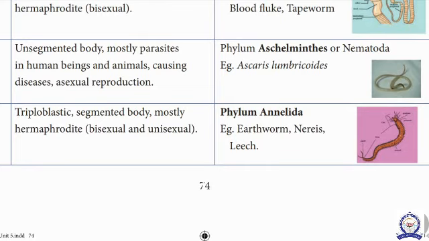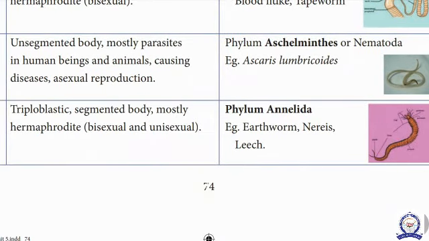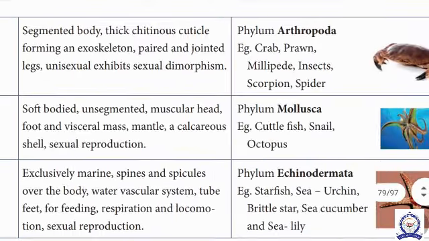Mostly they are hermaphrodite and unisexual organisms. Hermaphrodite means bisexual. Bisexual means male and female reproductive organs are present in the same body, so these are called bisexual organisms. Examples: earthworm, nereis, leech.